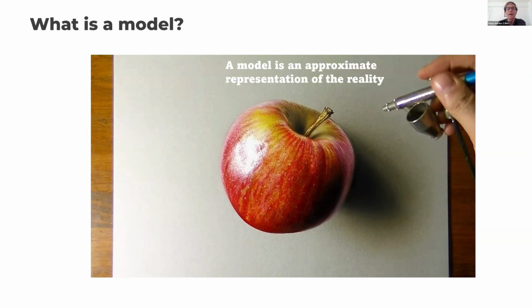So a model is nothing more than an approximate representation of the reality, okay? Like this example, the mathematical models that we are going to use are approximate representations of the reality. They don't have all the properties, all the behaviors that we see in the real world, okay?